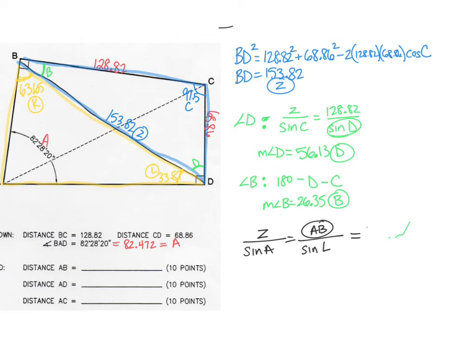If you're going to start being good at this, you can probably do all of this in one shot. And then I'm also going to be looking for AD over the sine of K.